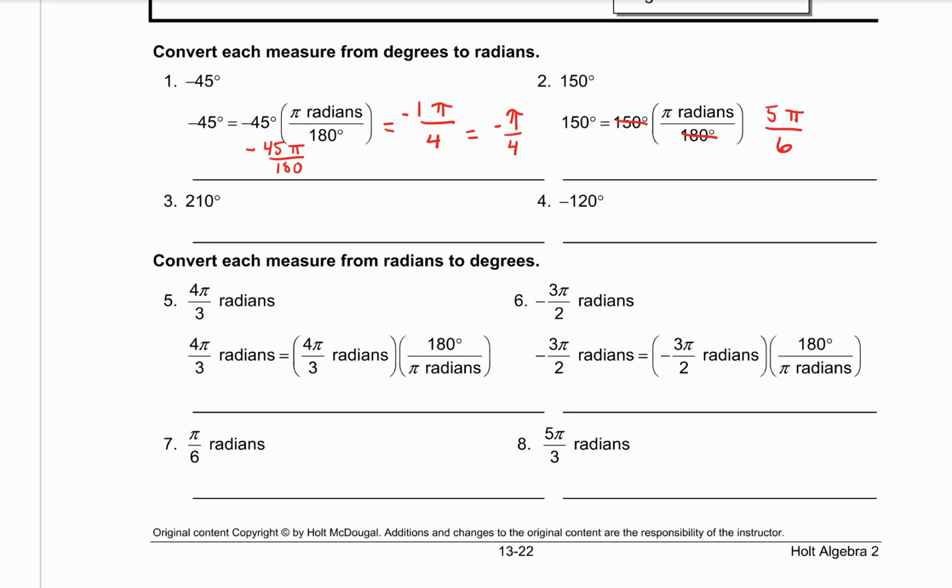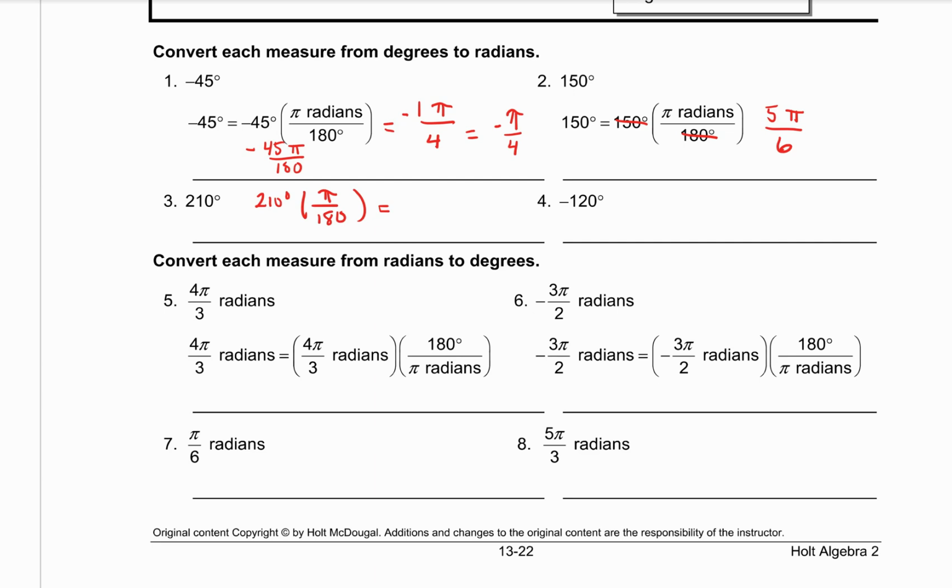210, we're just going to do this. 210 degrees times pi over 180. You really don't have to write out radians because it's kind of assumed that that's going to be the case. All right, so 210, that's going to be more than 1. 210 divided by 180 is 1.16 repeating. Convert that to a fraction, it is 7/6.